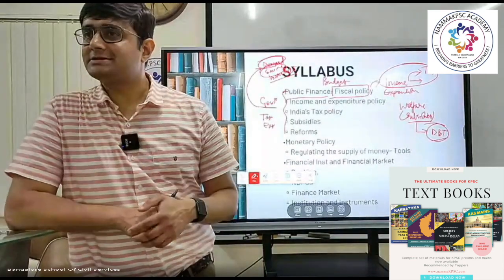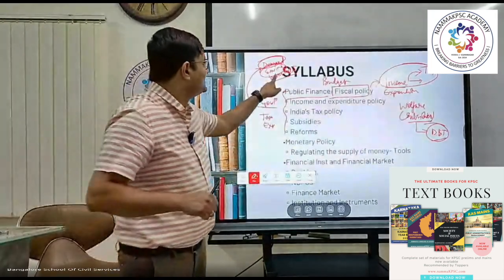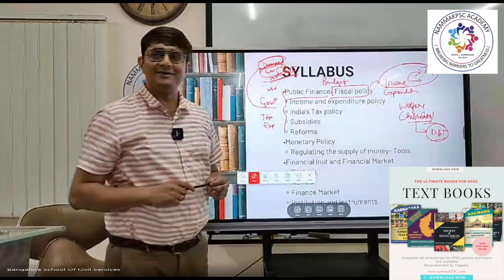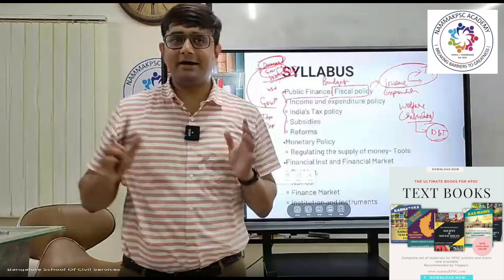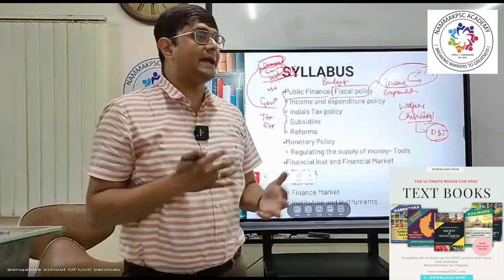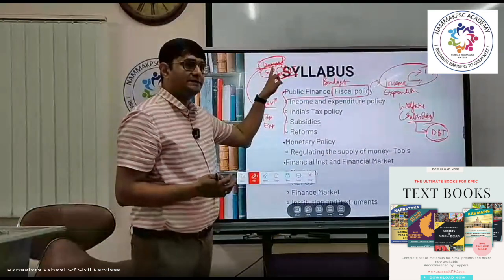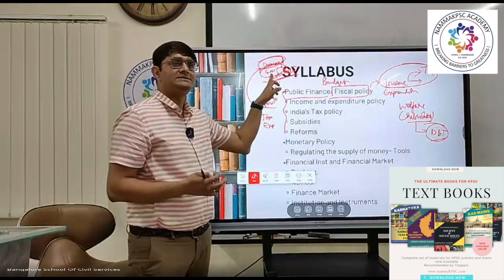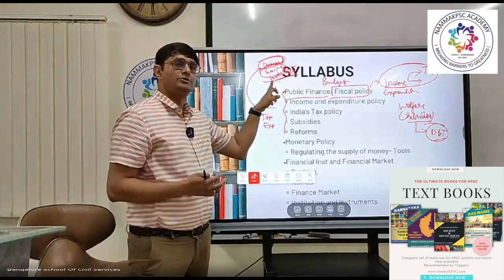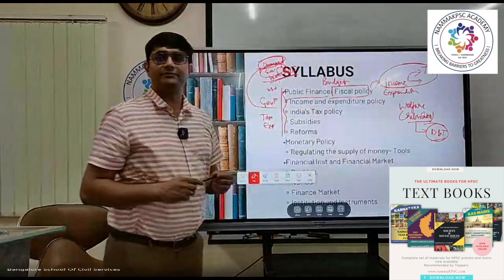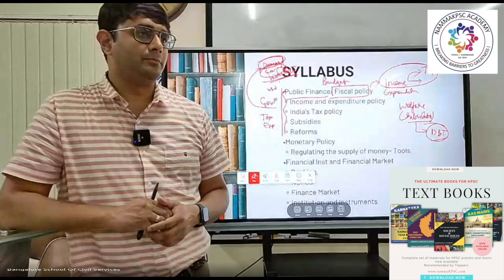Instead of paying taxes, you will save that money, and that money will in turn be invested. Agreed, all of you? So this is how tax policies or fiscal policy can affect demand, savings, and promote investments. All that we will be understanding in our first chapter, that is fiscal policy.